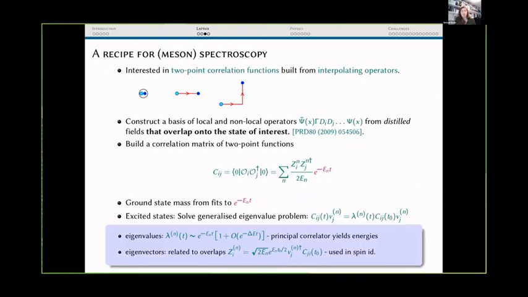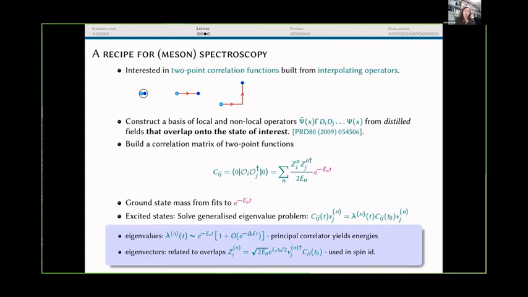Then for meson spectroscopy, which is the topic of this talk, we're interested in two-point correlation functions, and these are built from interpolating operators. Here's again a cartoon of what these might look like. You may have a quark and an anti-quark field that sit at the same site, or you may pull them apart and have some distance between the quark and the anti-quark field. You're free to do that in many and varied ways, as I've illustrated here.